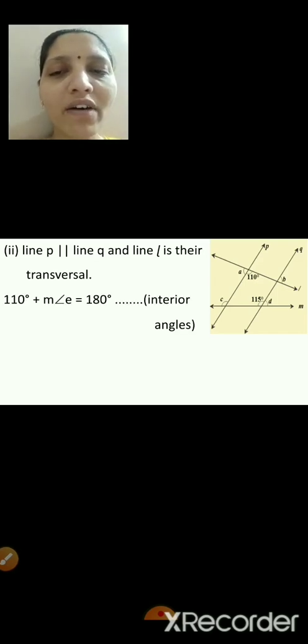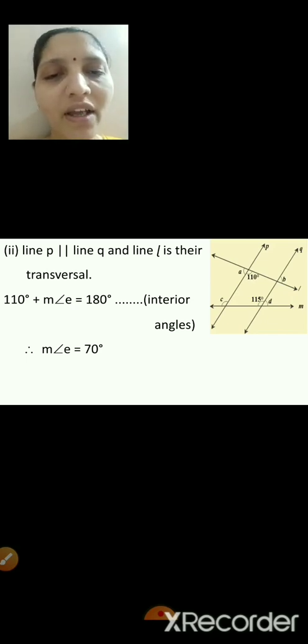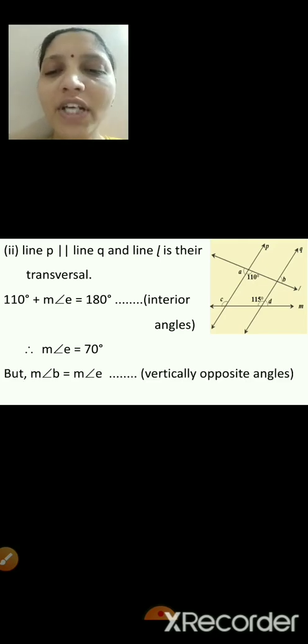So we can write 110 degrees plus major angle E is equal to 180 degrees. The reason is interior angles. So we get major angle E is equal to 70 degrees. Now if you know major angle E, we can find major angle B. How? Major angle E is equal to major angle B. The reason is they are vertically opposite angles. Therefore we can write here major angle B is equal to 70 degrees.